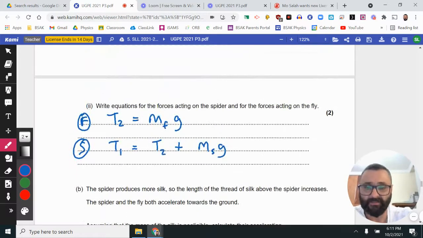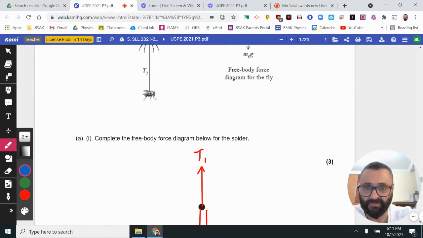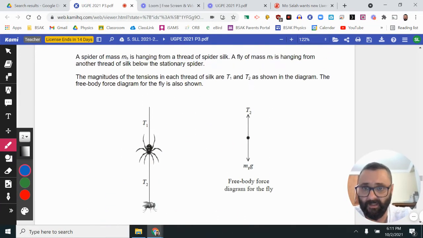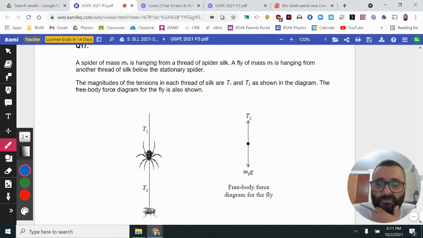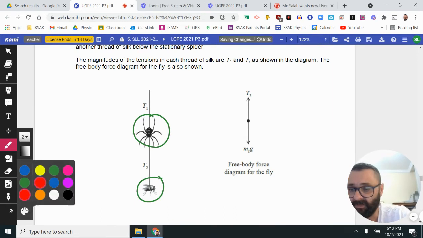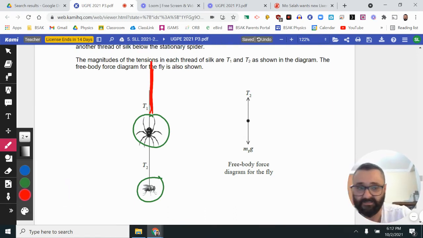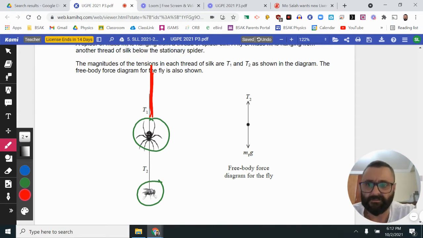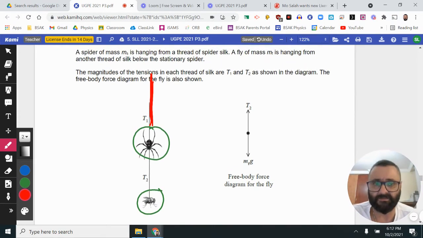It doesn't actually give this assumption in the question, but we have to assume that the silk does not stretch. The only reason the fly and the spider accelerate is because this length here is increasing rapidly. It doesn't say that. I thought that was a bit harsh, but we have to make that assumption here.